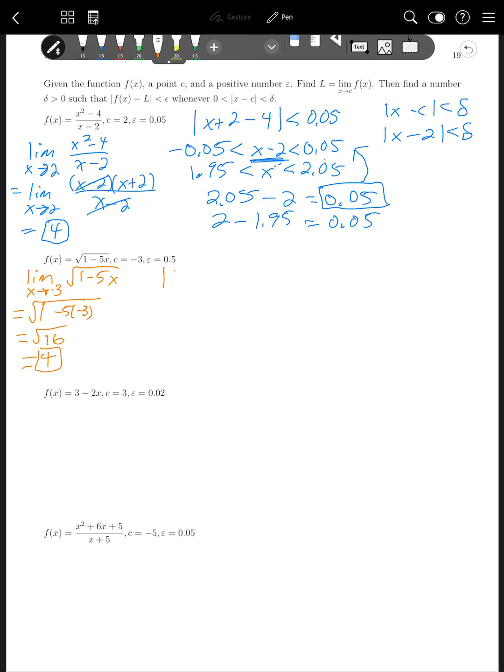So this would be the absolute value of the square root of 1 minus 5x minus 4 is less than 0.5. So that's negative 0.5 is less than the square root of 1 minus 5x minus 4 is less than 0.5. Add 4 to all the pieces. So this is 3.5 is less than the square root of 1 minus 5x is less than 4.5. Square those.